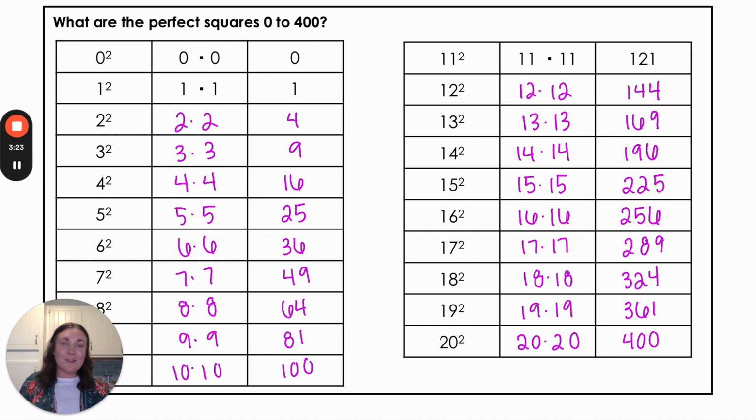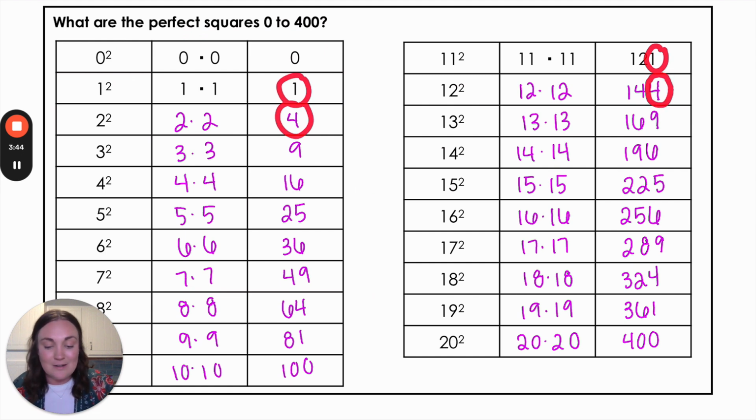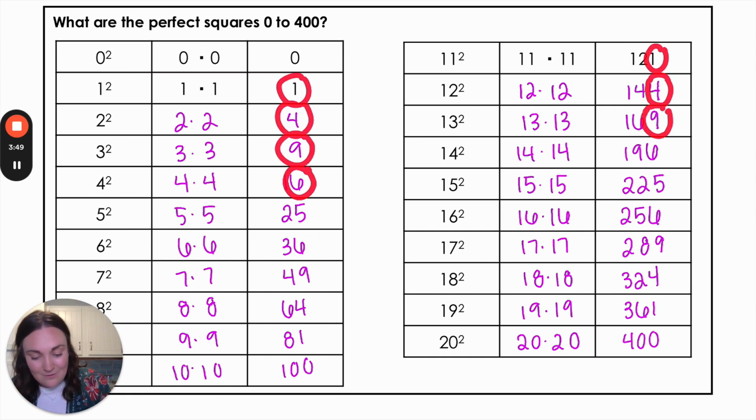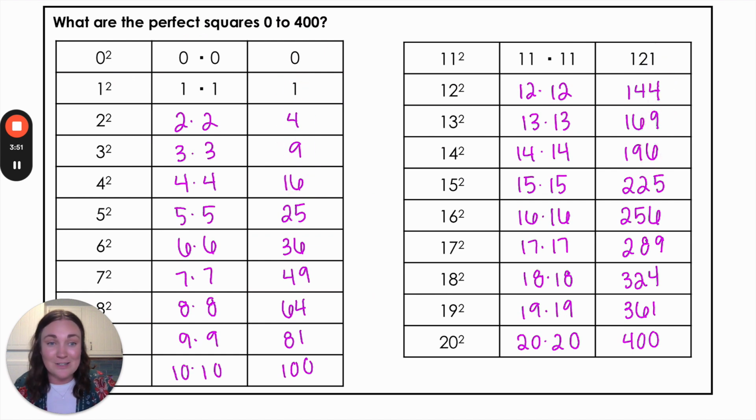All right, if you have trouble remembering these 11 through 20 of our perfect squares, something that you can look at are some patterns between those first 10 and the last 10. So if you notice, 1 times 1 is 1, right? 11 times 11 also ends in 1. 2 times 2 gave us 4. 12 also ends in 4. 3 times 3 is 9. 13 also ends in 9. 4 and 14 both end in 6. 5 and 15 both end in 5. 6, and you can see that this pattern kind of repeats itself all the way down.